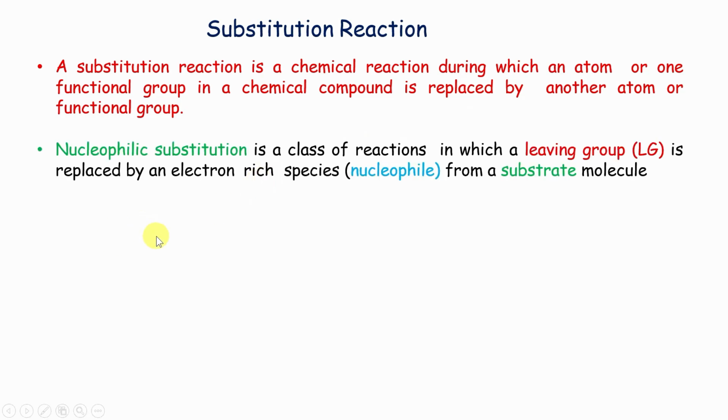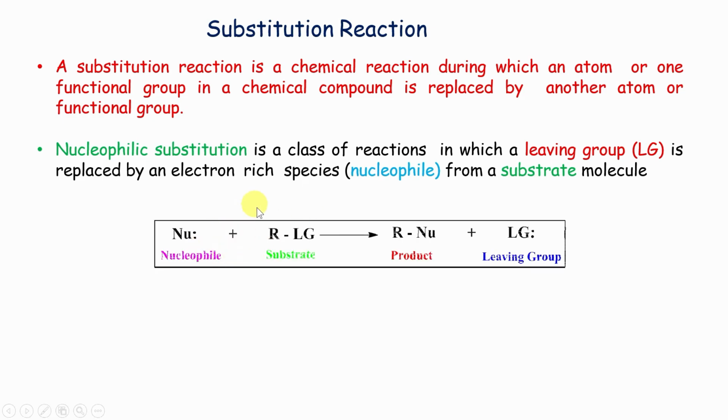See, nucleophilic substitution is a class of reaction in which a leaving group is replaced by an electron-rich species that is usually referred to as a nucleophile, from a substrate molecule. That is, the leaving group departs from the substrate molecule along with the substitution of the electron-rich species called nucleophile within the substrate to produce the product.